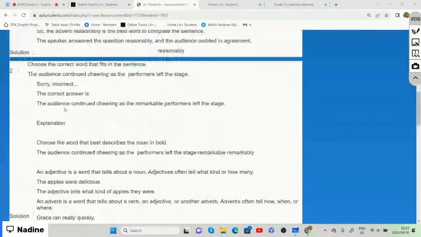The audience continued cheering as the performers left the stage. So we are going to choose the correct word that fits in the sentence. We choose the word that best describes the noun in bold.